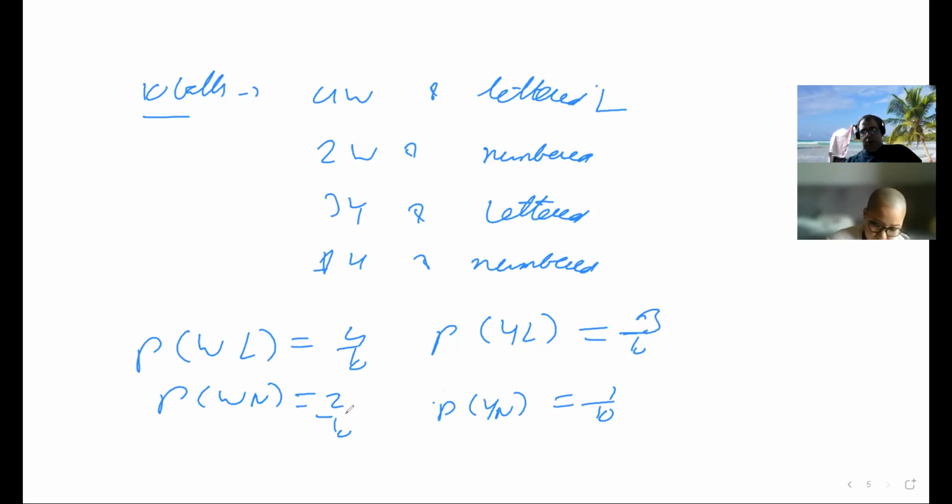And yellow and numbered? 1 by 10. So we have the probability of white and lettered is 4 by 10, and the probability of white and numbered is 2 by 10.